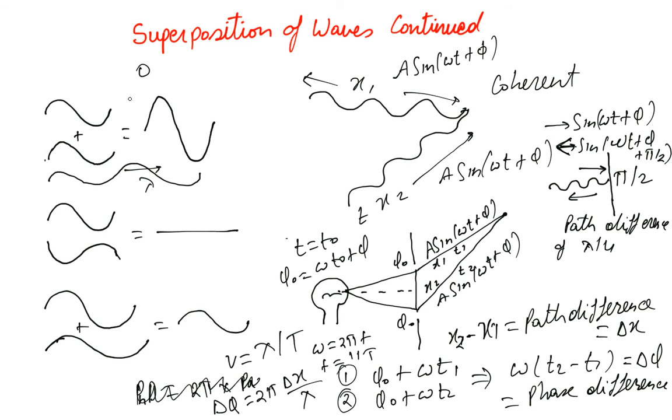So it can be either 0, which means just on top of each other, or it can be lambda, which means on top of each other, but the second one has shifted forward by lambda, or it can be 2 lambda, which means you shift this wave 2 lambda more, because it repeats itself.